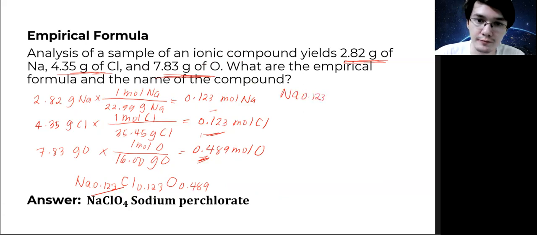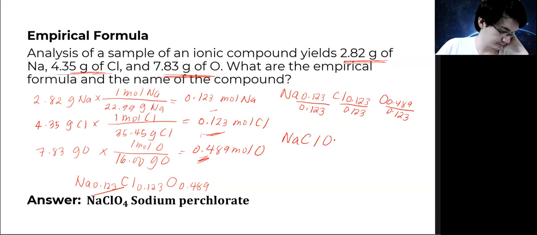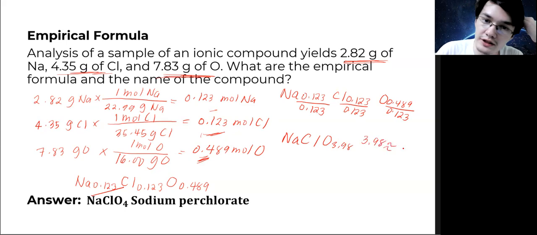Then we would get Na 1, Cl 1, O 3.98. 3.98 is just approximately equal to 4.